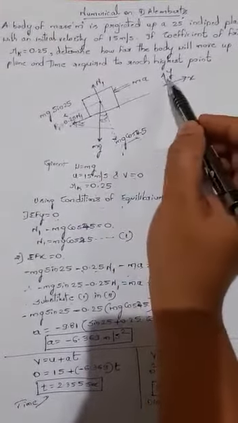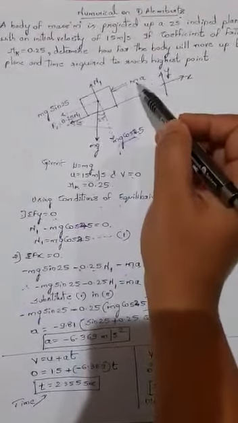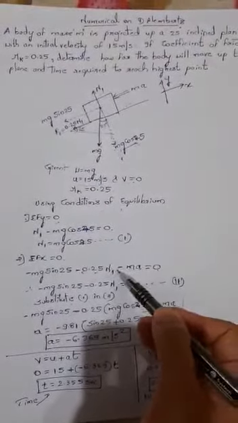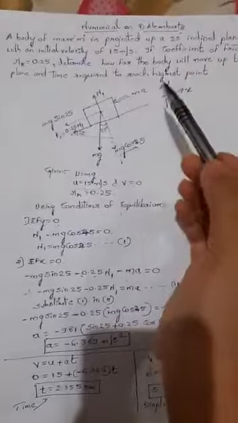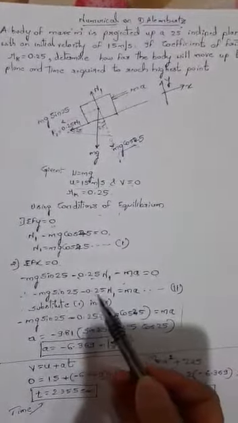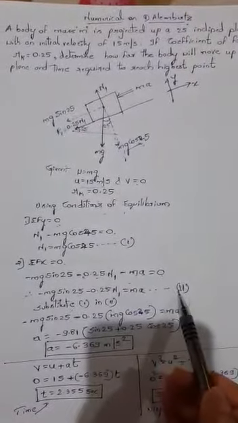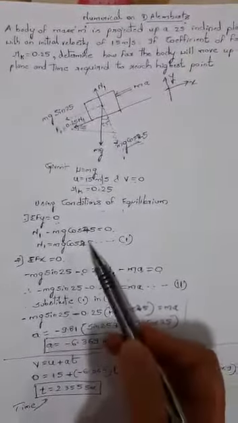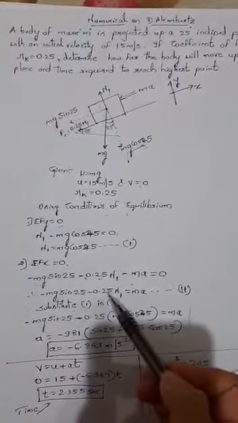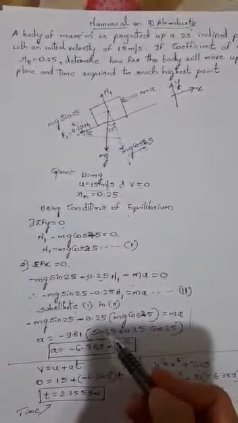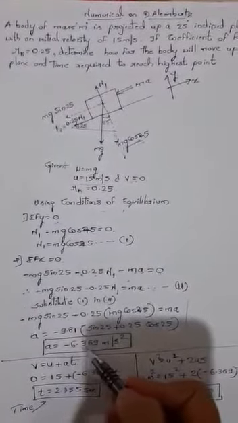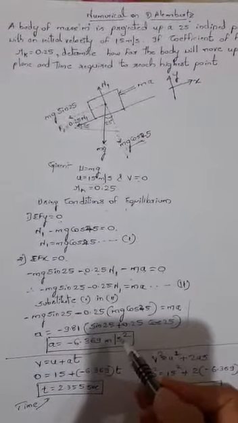The body is moving upwards, so the inertia force acts in the opposite direction, downwards. That is minus ma, also a horizontal force, equated to 0. Simplify this and name it equation number 2. In equation number 1 you already have the value of N1. Substitute that in equation number 2 and simplify. You will get the value of acceleration, which is minus 6.369 meters per second squared.